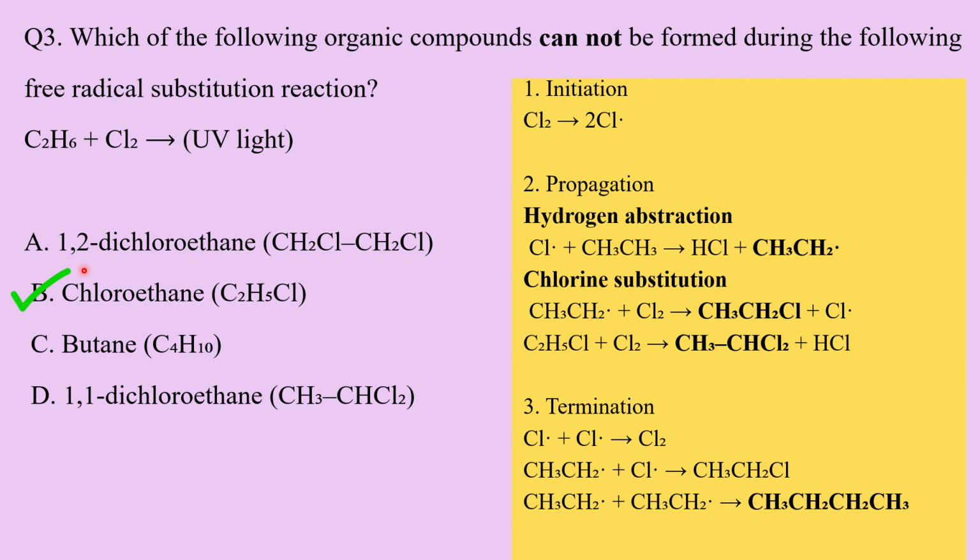Then we have 1,1-dichloroethane, which is also there; it is formed over here, as you can see. And we have butane in the options, but we cannot see 1,2-dichloroethane in the products. So this means option A is the correct option, because you have to mark the one which cannot be formed.